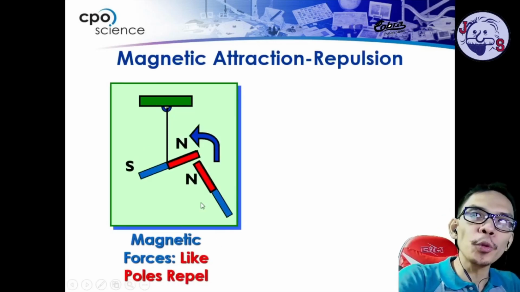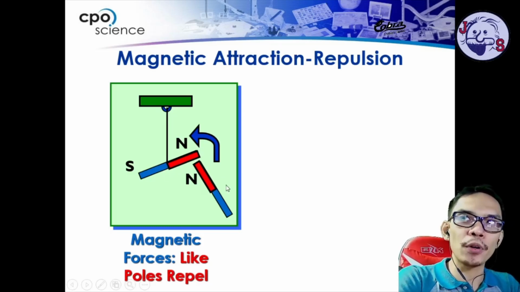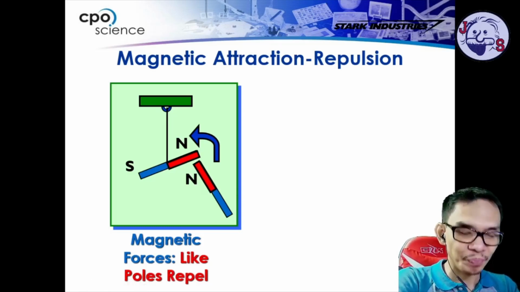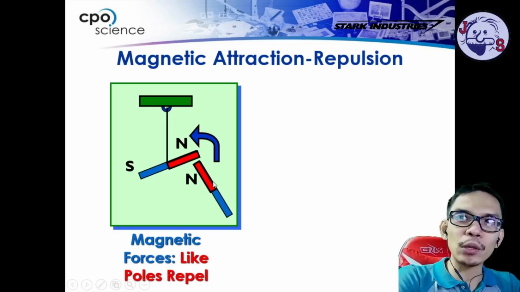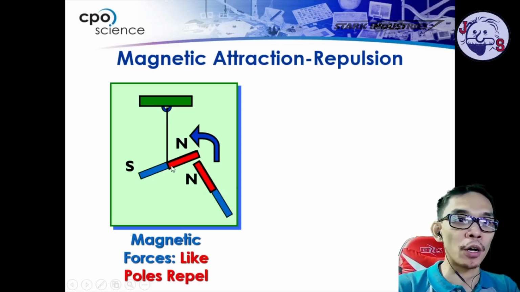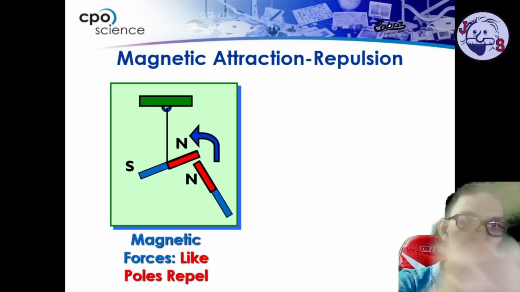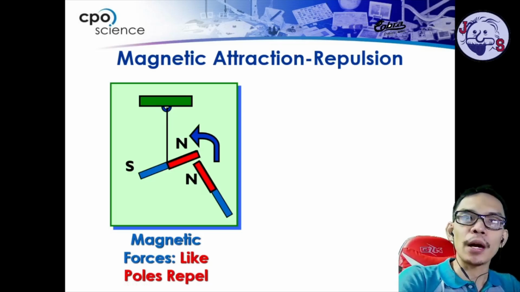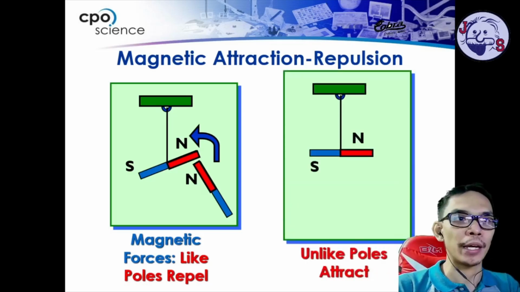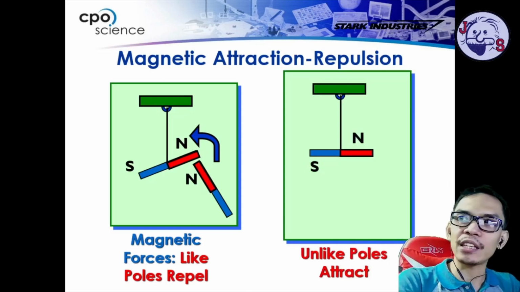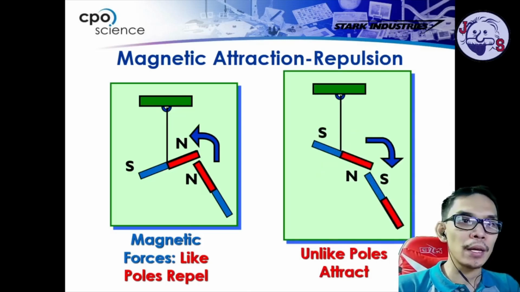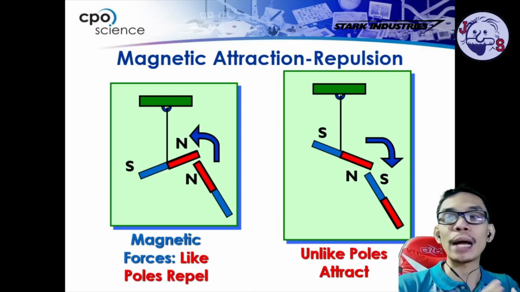If two same poles are interacting between these two magnets, these two poles will likely repel each other. One magnet will push the other magnet as a form of interaction, and the other magnet will move as a consequence of that magnetic force. That is repulsion. When a magnet interacts with another magnet with different poles, they will likely attract each other.